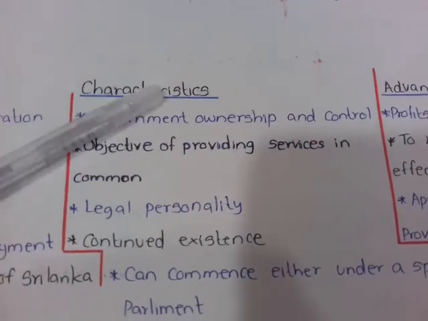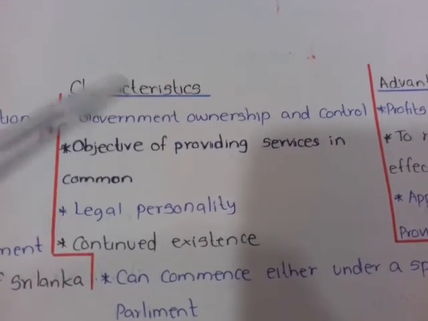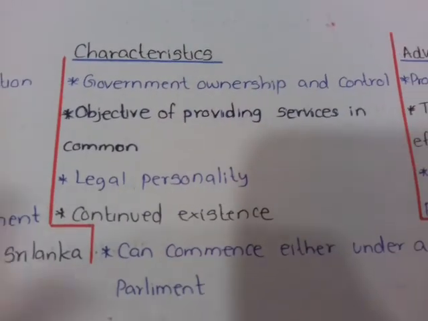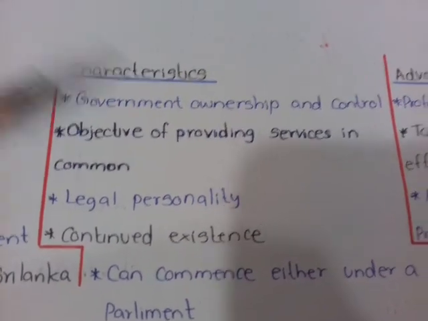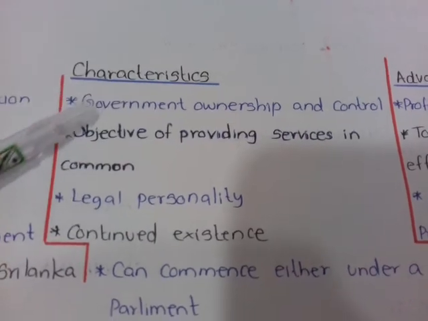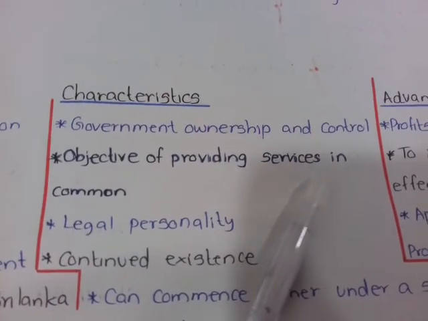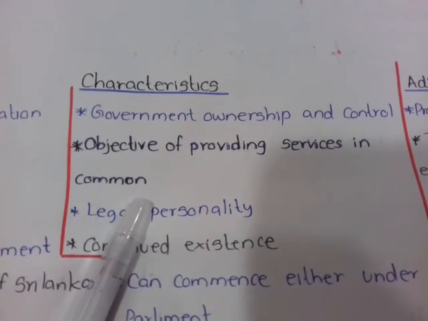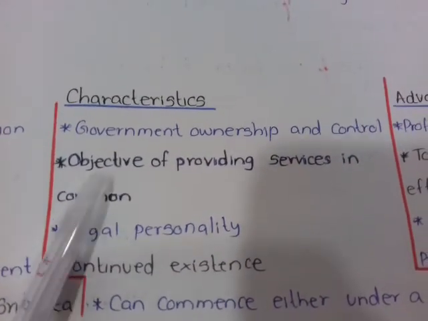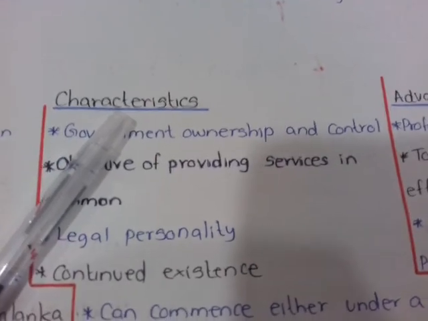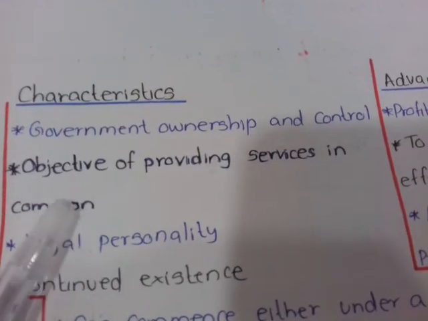Just as we told before, the government is a person or the group which owns and controls these corporations. And the objective of providing services in common. As I told you in the beginning, this is a public, not-for-profit business.